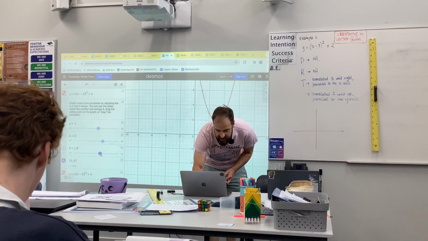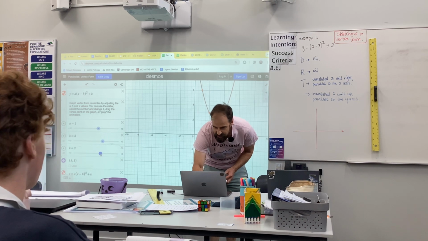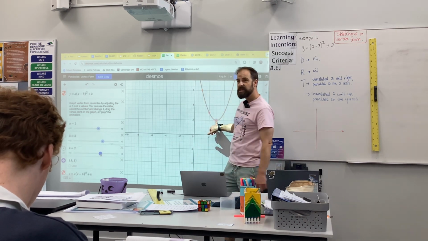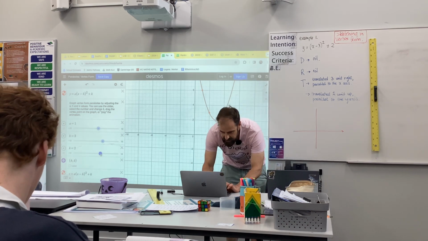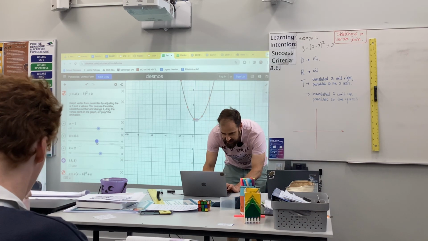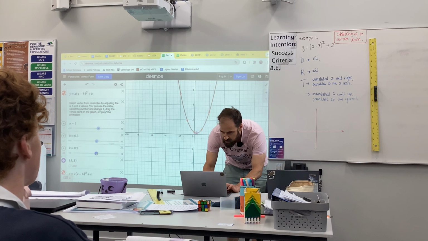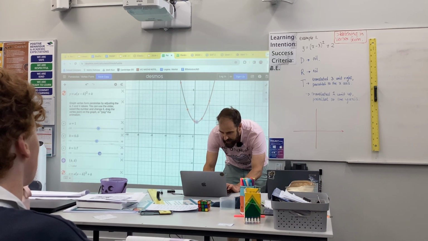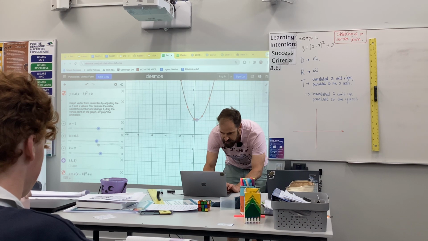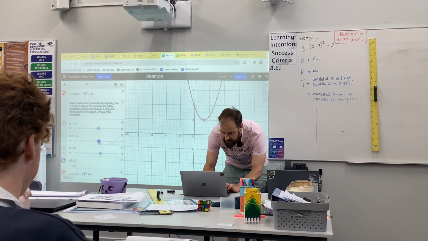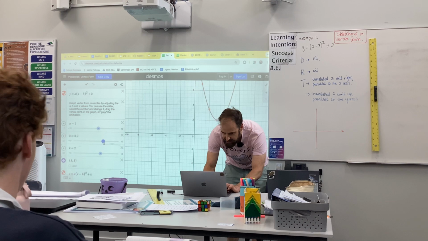I'm getting there. Now the turning point absolutely has been translated. But what else has been translated? It's not just the turning point. The whole graph goes up 2 places. Every single point on that graph goes up 2 places. Every single point on that graph goes to the right 3 places.